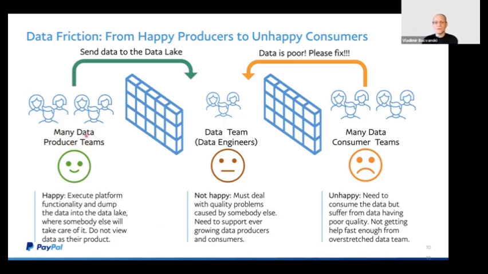These are the teams that are owning the platform. They do their processing, they collect the information about this user. So Mickey Mouse is one of the entries. It gets dumped into the data lake. Now, the team that produced the data is happy. They are happy with their transactional processing and the data they create. They just send it over to the data lake.